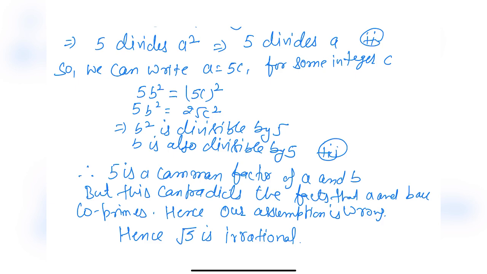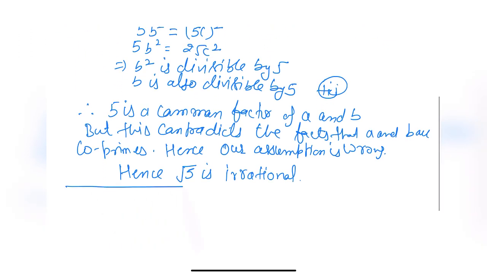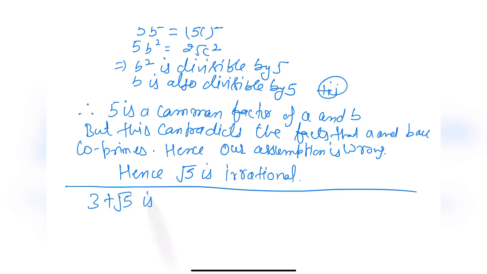Similarly, if we have to prove that 3 plus root 5 is irrational, we have to use the same method that root 5 is irrational, as we proved above.